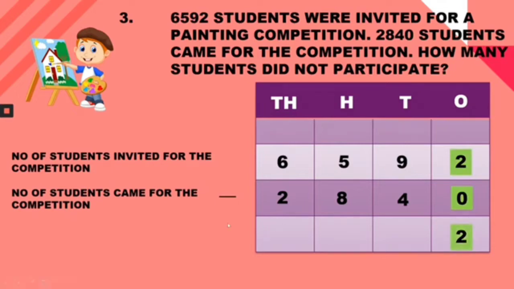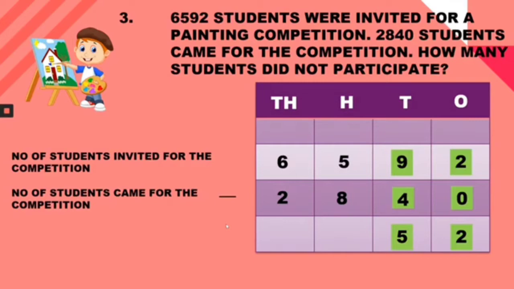Children, please remember, when we subtract 0 from any number, the difference is the number itself. Moving ahead, 9 minus 4 is 5.